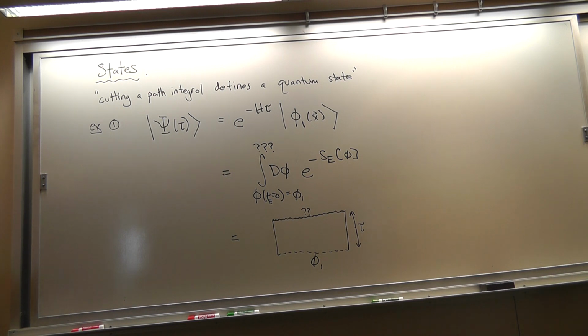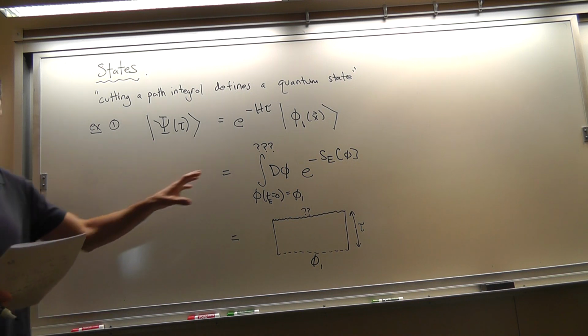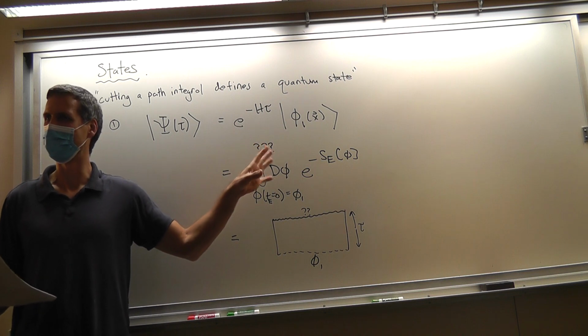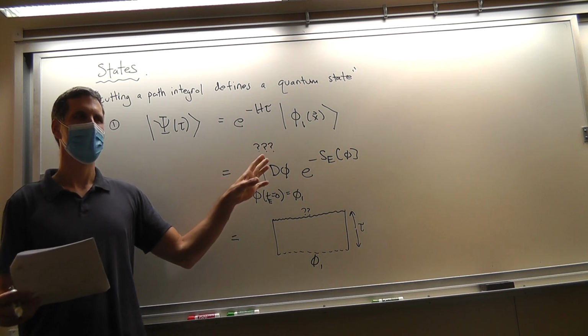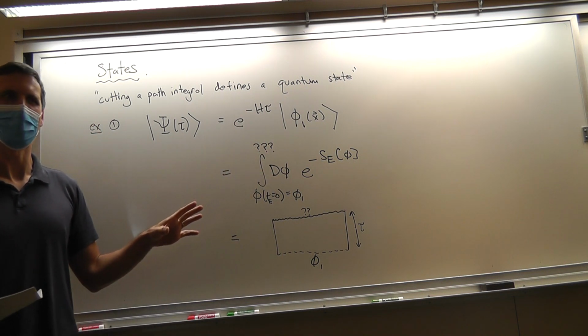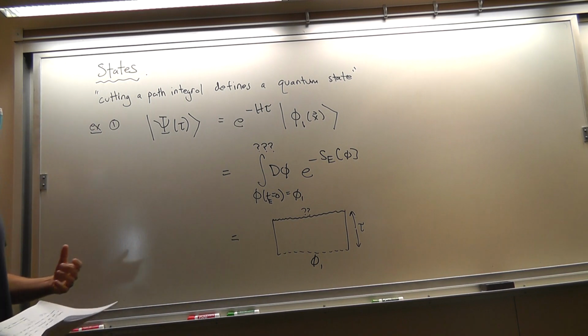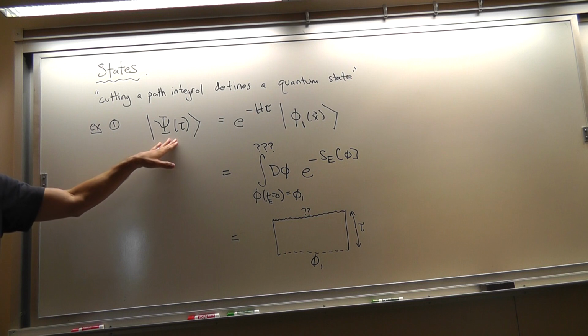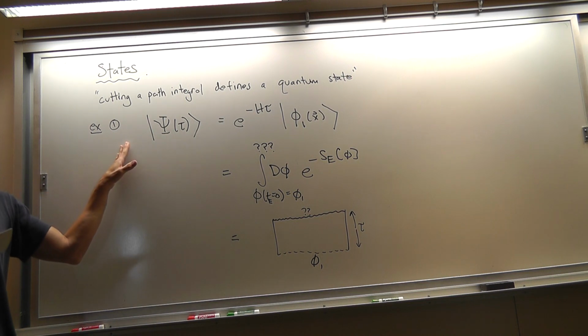Okay, so let's think about this for a minute. This is sort of a weird thing to do. It's like a partially definite integral. But why does this make sense? What is a quantum state? A quantum state, a ket, is a linear functional on bras that turns them into numbers.